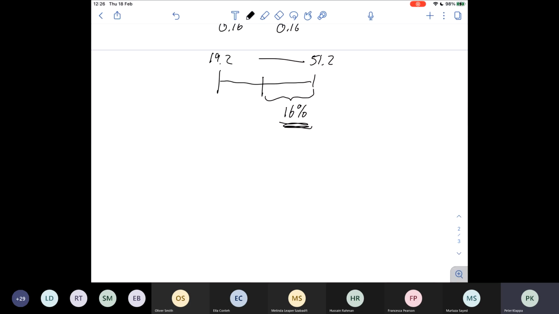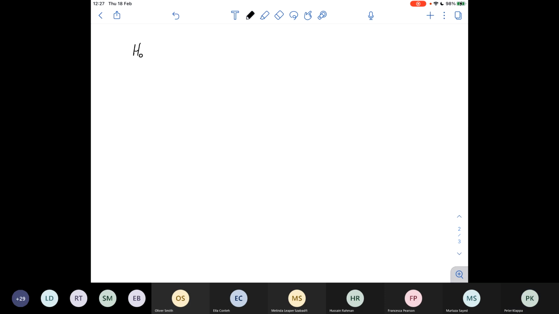And our null hypothesis in this case would be there is no difference between the population ratios, and all the differences that we see in the samples are just simply down to sampling error.